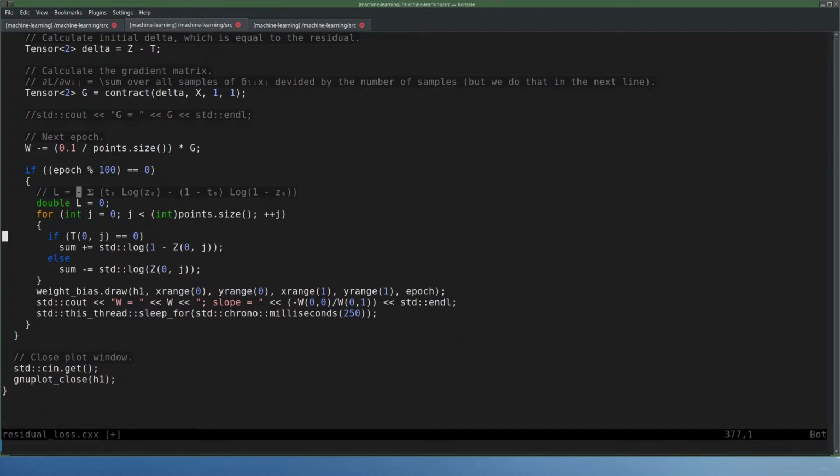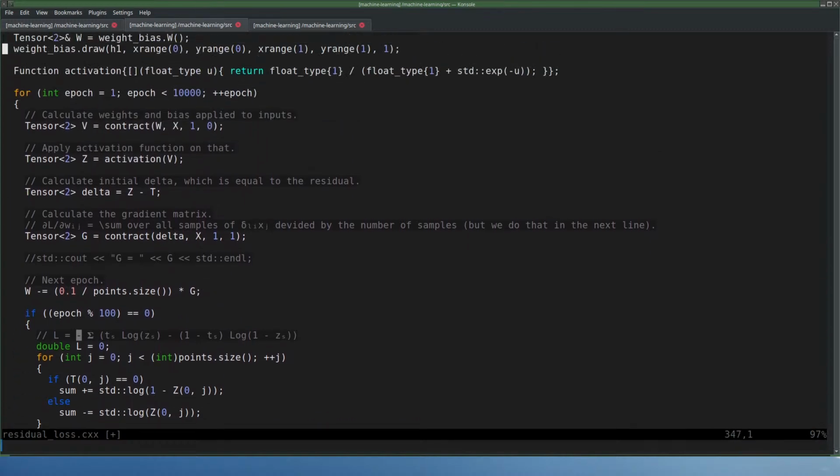Furthermore, is it z0j or what is it? I have a z here, but it's the activation of v, and v is this, which is W times X, which is, I guess, a row vector of samples, so that's 0, j.